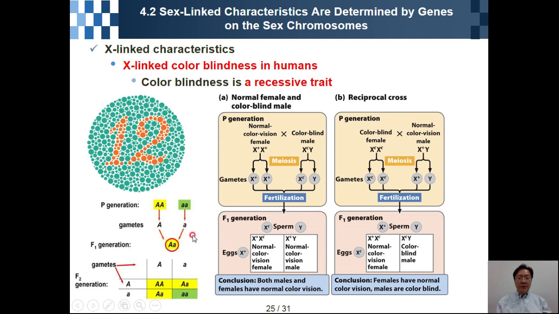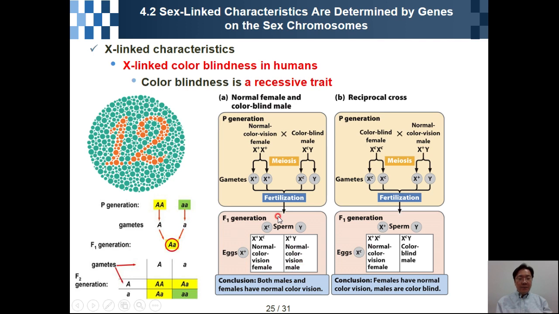Now, when we cross a normal female and a colorblind male, the normal female is X plus X plus, and the colorblind male is X^C Y. In the gamete, the egg will carry only X plus, and the sperm will carry X^C and Y. In this Punnett square, X plus X^C means a normal color vision female, and X plus Y means a normal color vision male.